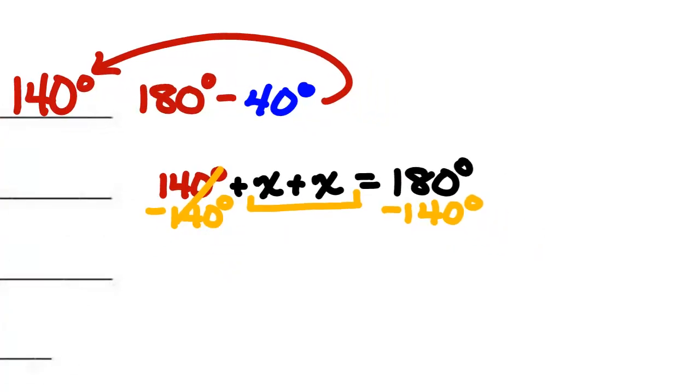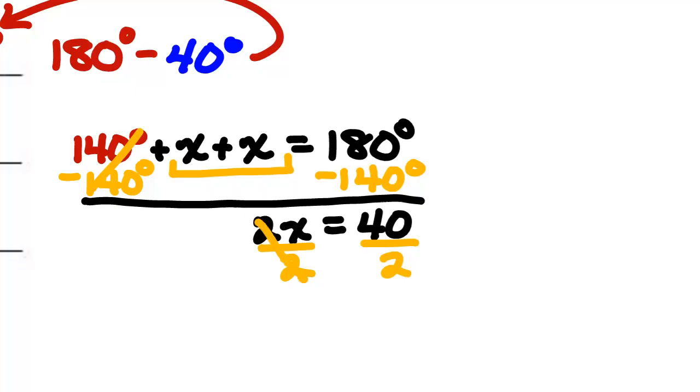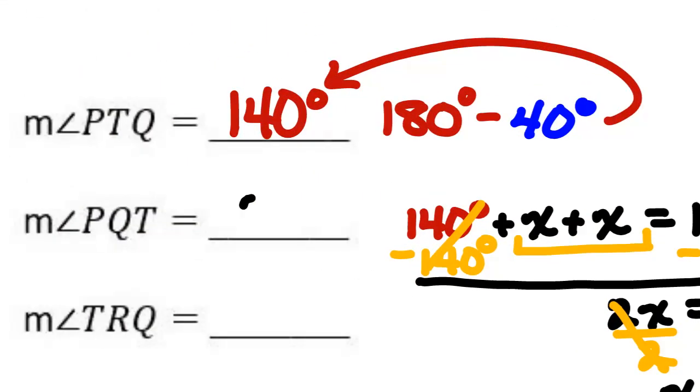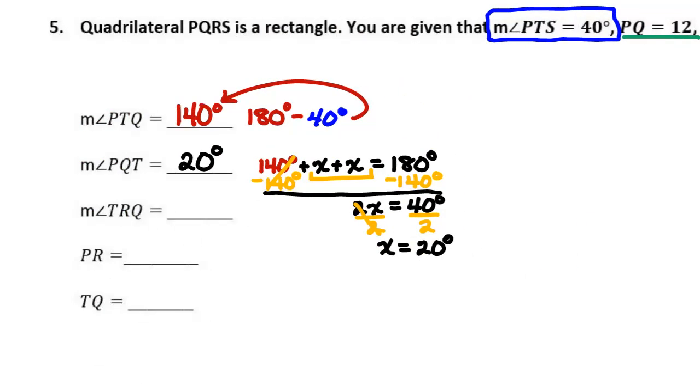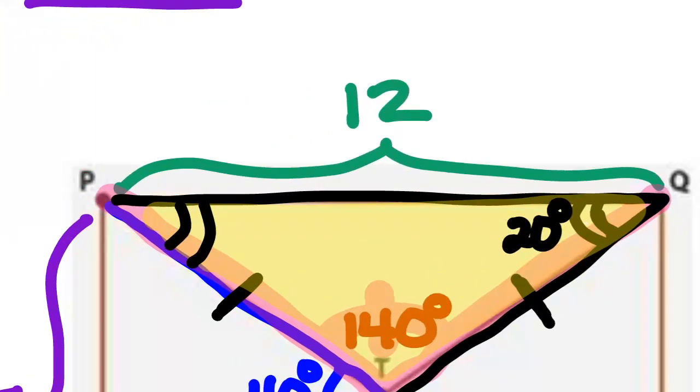What do we get when we combine x and x together? 2x. What is 180 minus 140? 40. And then we're going to take this and we're going to divide both sides by 2. What is 40 divided by 2? 20. X equals 20 degrees. So this angle is 20 degrees. So I'm going to go ahead and add that to my picture. This is 20, and this is 20.